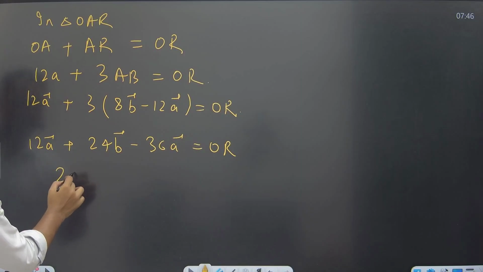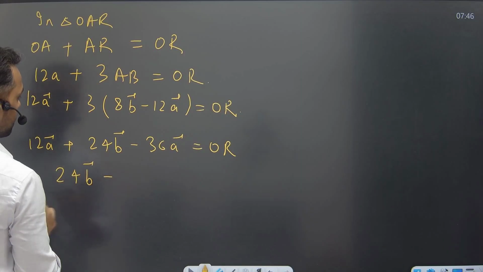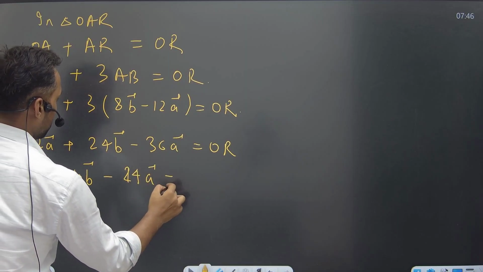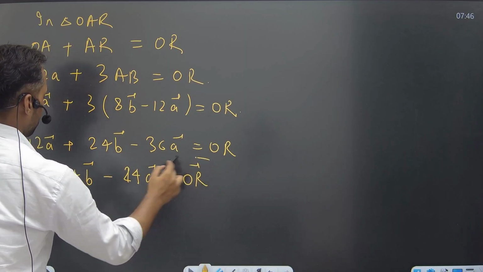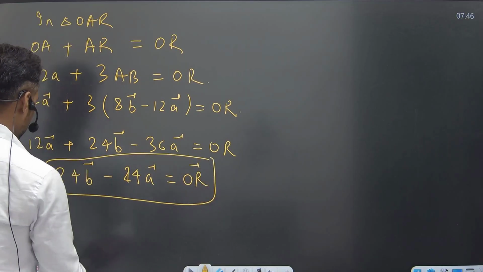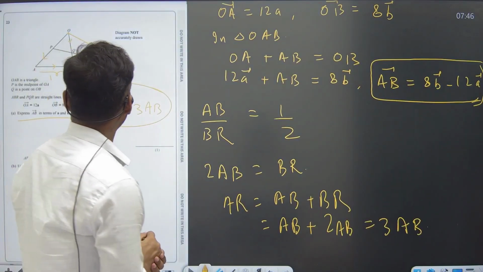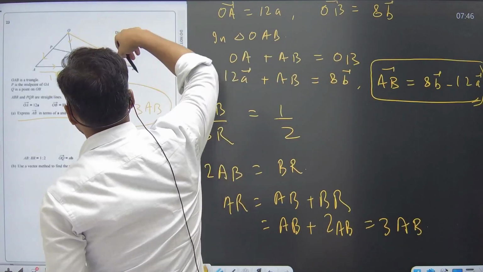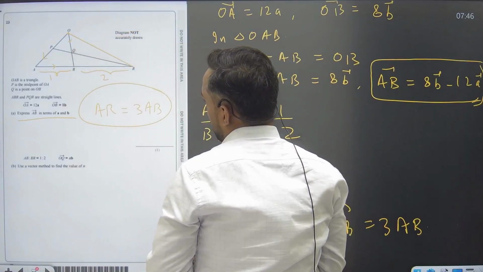So from here you will get 24B vector negative 24A vector equals OR. So we have got the value of OR. Okay, we have got this particular vector OR also.